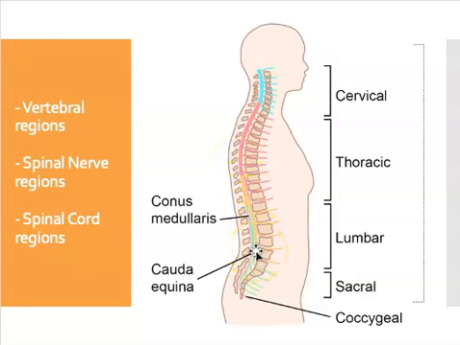But notice that the conus medullaris occurs right around L1. So the cord itself is ending right around there. Everything that emerges after that are just individual strands that we call nerve roots. They're traveling down in this cauda equina. They will exit the same way that all of the spinal nerves exit the vertebral canal. They will exit at the right level, according to the vertebrae, but the cord itself is ending at L1.